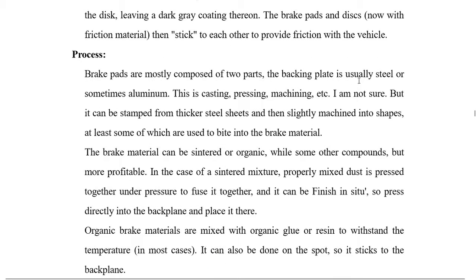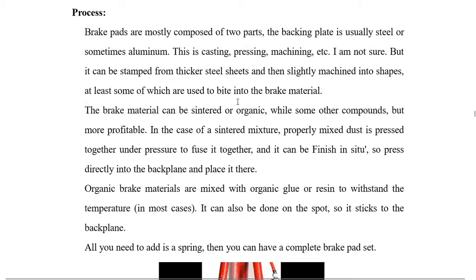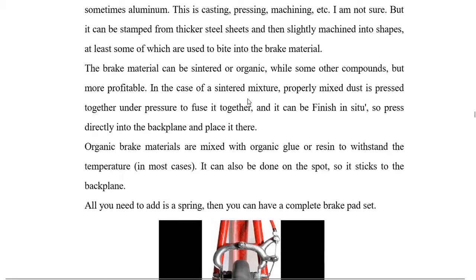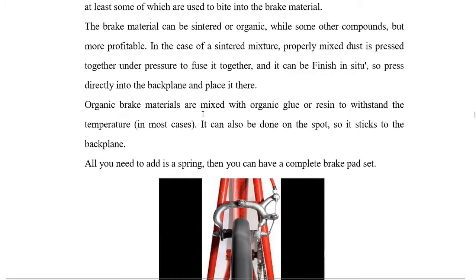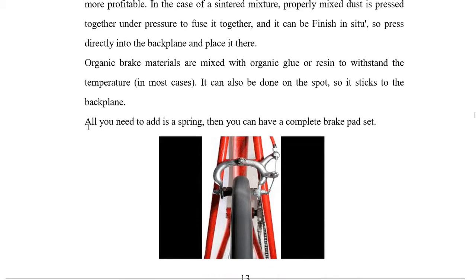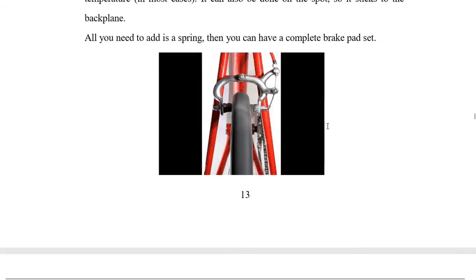The brake plate is usually steel or sometimes aluminum, and we can usually use casting, forging, or machining, and you can choose one of them to make it. And the machining is the important part. All you need to add is the spring, and then you can have a complete brake part set.